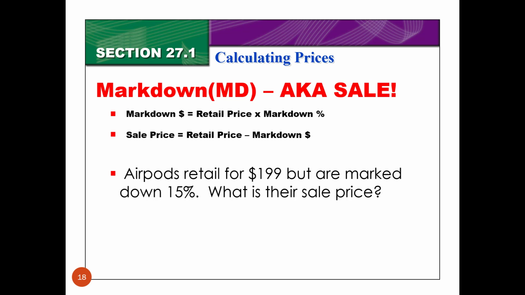So the second portion of this would be to take my retail price and subtract the amount that I'm taking off. So let's say that our AirPods right now are retailing for $199, but I'm going to mark them down or I'm going to put them on sale for 15% off. I want to know how much I'm actually going to spend to buy my AirPods. So step number one is to take the $199 times the 15% markdown.